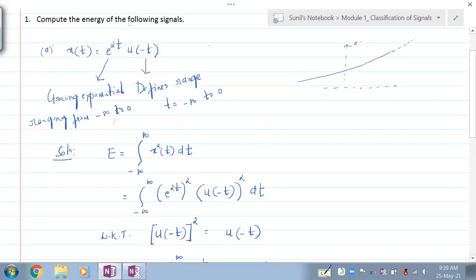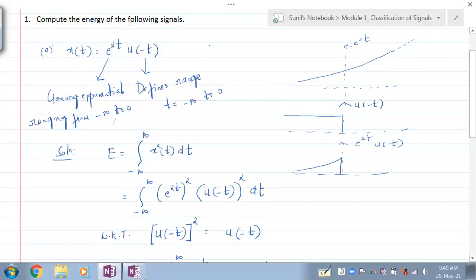This is e power 2t. E power 2t is being multiplied by u of minus t. So that means it is this. Therefore, the product of these two, that is e power 2t into u of minus t, would be this.